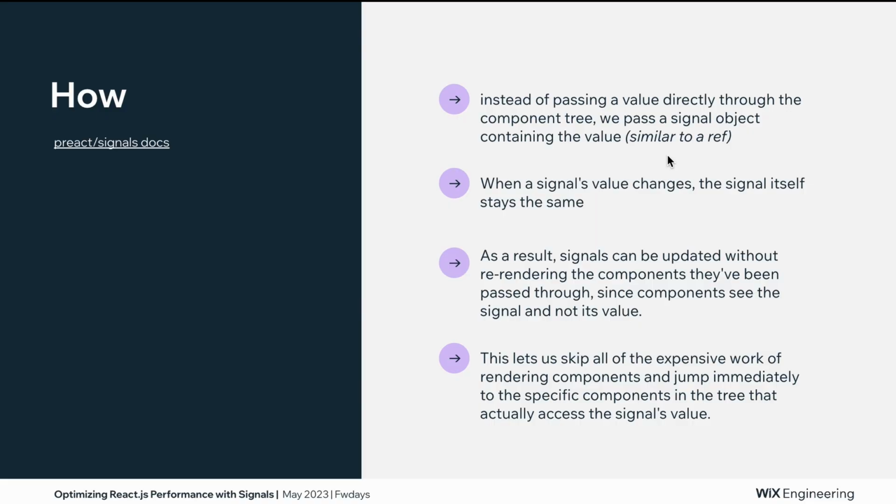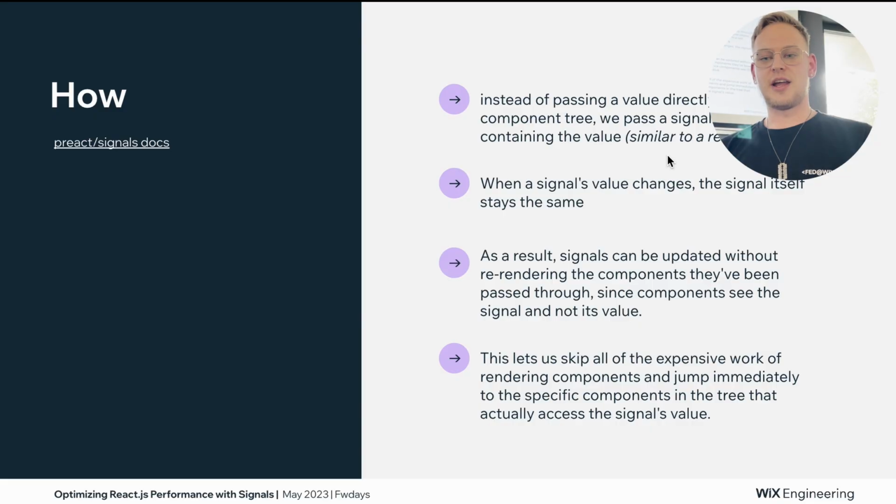And since a React component depends on the object address, not the value itself, it's not being re-rendered. So it's again the same as a ref. When the signal value changes, the signal itself stays the same because we have the same object at the same address. And as a result, it can be updated without re-rendering the component.